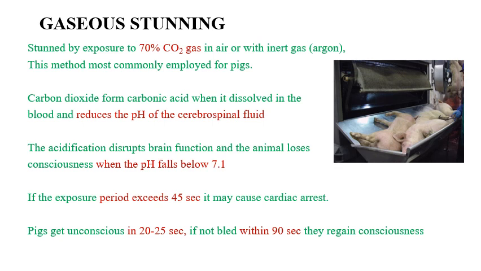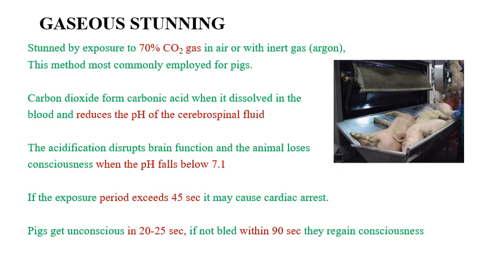Carbon dioxide forms carbonic acid when it dissolves in the blood and reduces the pH of the cerebrospinal fluid. So this is the mechanism. The acidification disrupts brain function and the animal loses consciousness when the pH falls below 7.1. If the exposure period exceeds 45 seconds, it may cause cardiac arrest.